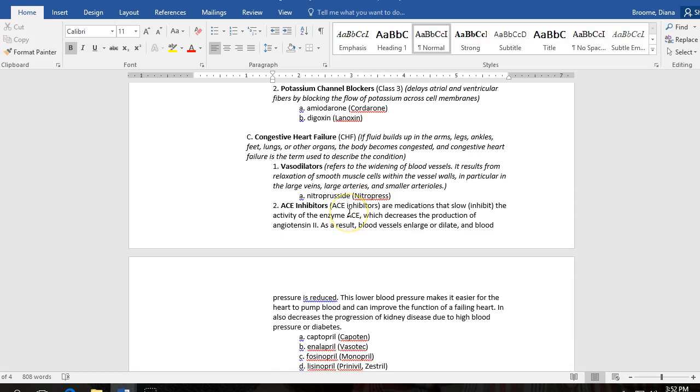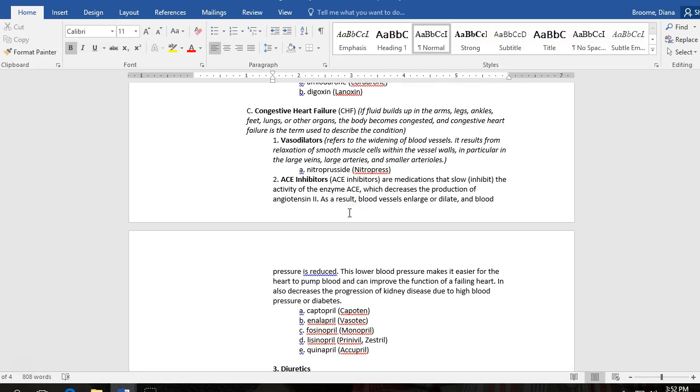Okay. For the next category, congestive heart failure, I'm sure all of you have heard that term before, and you may wonder, what exactly does that mean? Because when we hear congestive or the word congested, we usually think of just the respiratory system, the upper or lower respiratory areas.